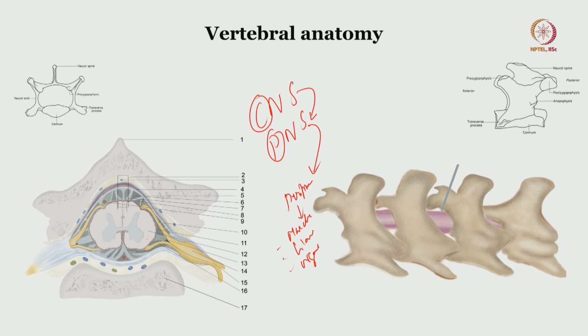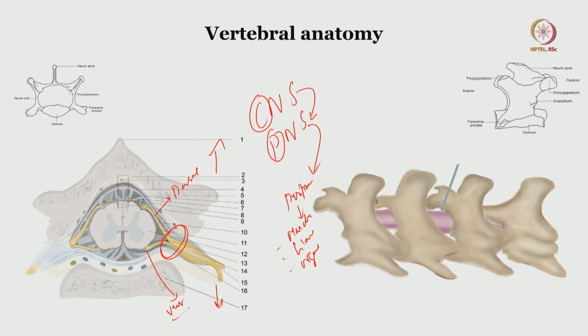So, where does the PNS start is right from this foramen. This is the dorsal rootlet and that is the ventral rootlet. Dorsum again refers to the top of the body, and the belly portion of the body is ventral.